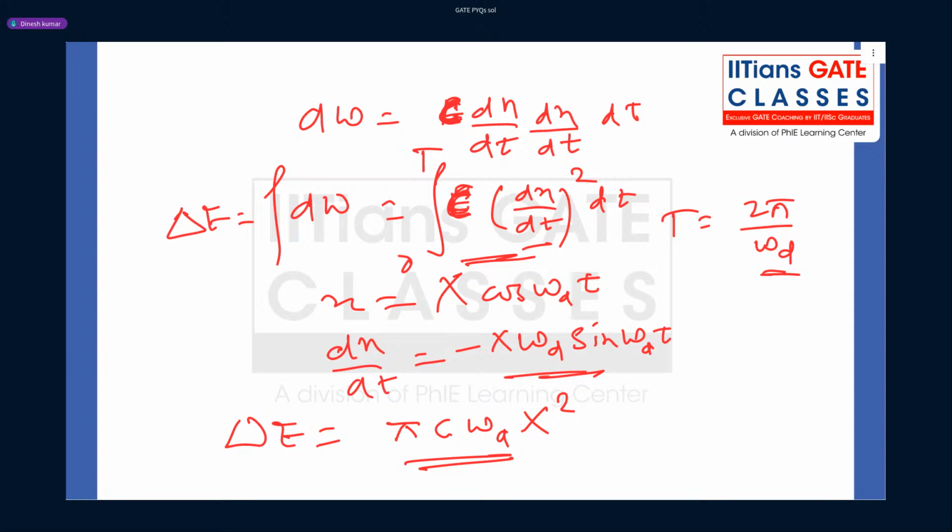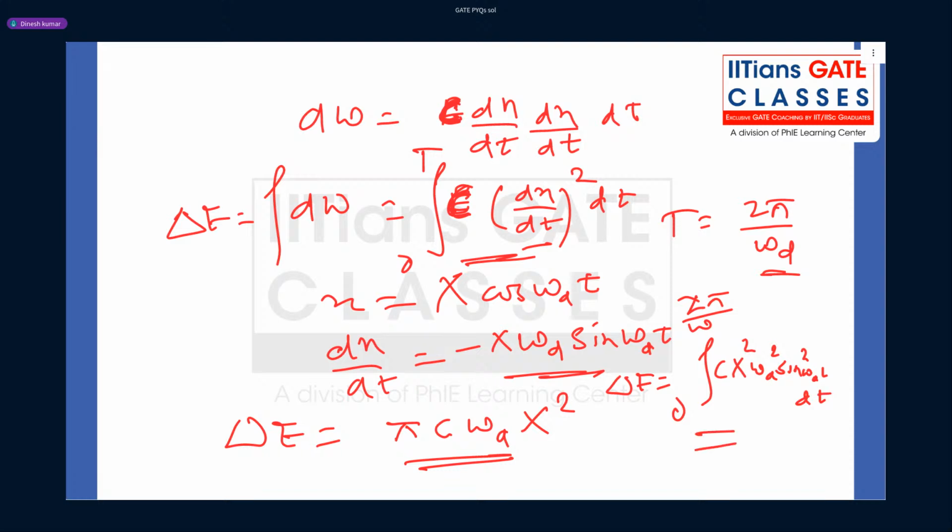My delta E will be the integral from 0 to 2 pi by omega d of C capital X square omega d square sine square omega d t, multiplied by dt.